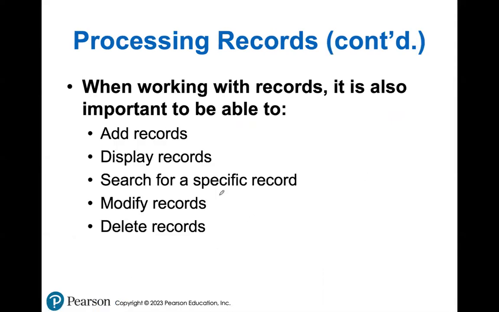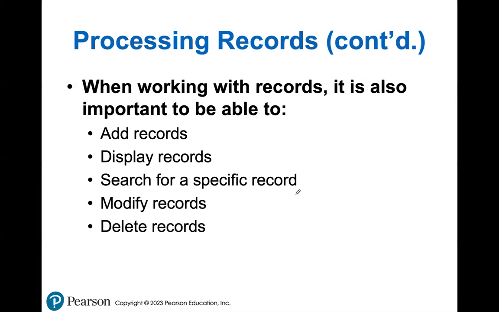Whenever you're working with those records, you have to be mindful of a couple of things. Your program has to be able to add records, display records, display any specific field that you want to access, and search for a specific record.